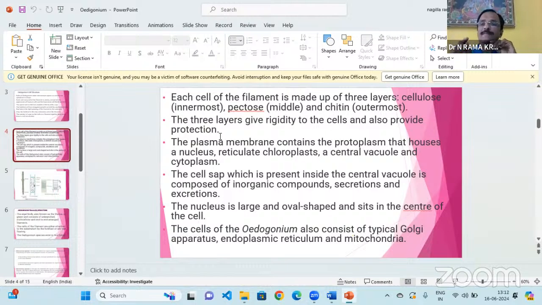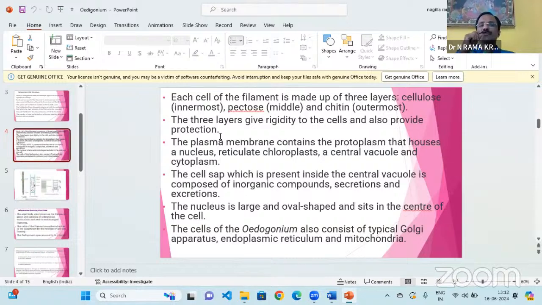One more important point: in Oedogonium, the nucleus is not in the center part of the cell. Here the nucleus is just below the plasma membrane, below the cell wall. We'll discuss that later.